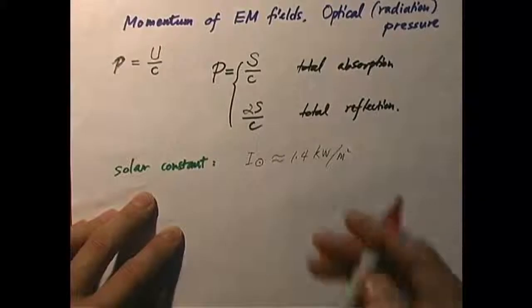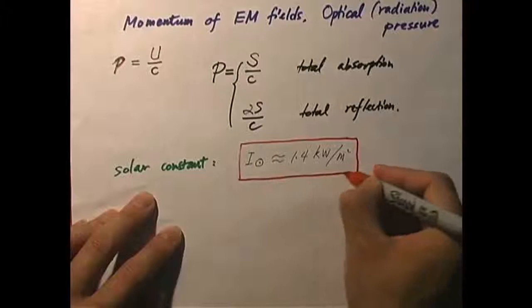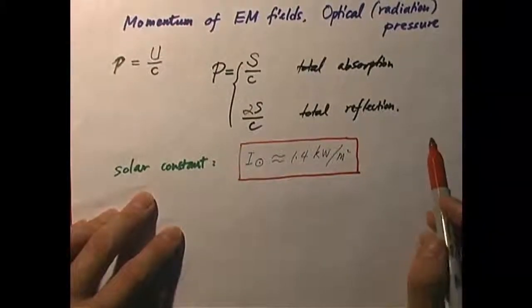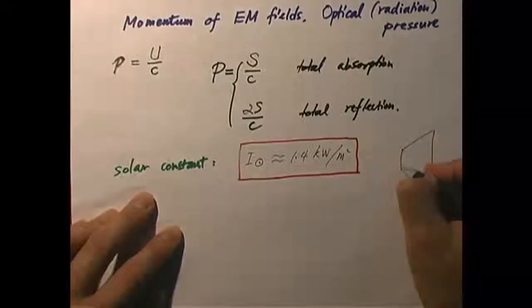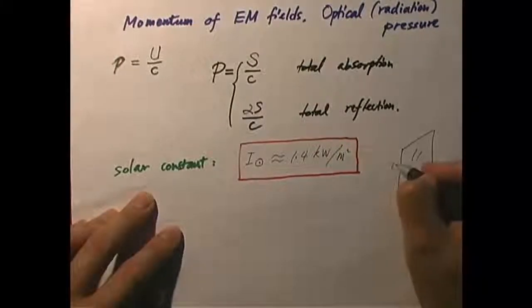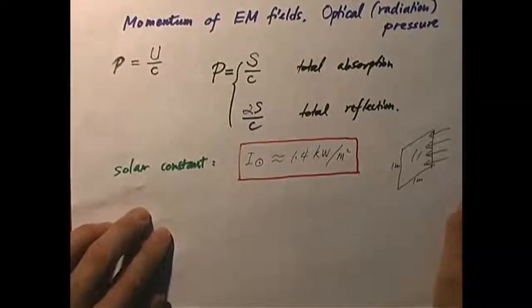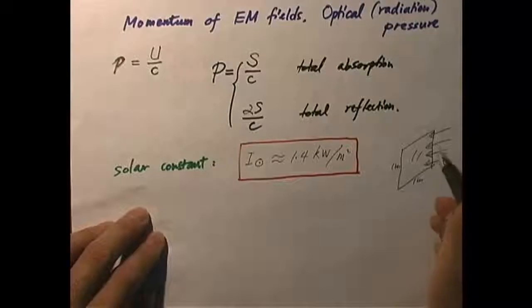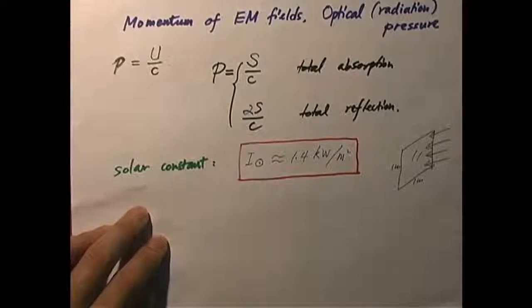Okay, let me explain to you what it means. It means that if you take a box, an intercept, 1 meter by 1 meter, which is not very big, facing the sun directly in the upper atmosphere, you find that this area will intercept about 1.4 kilowatts of power.